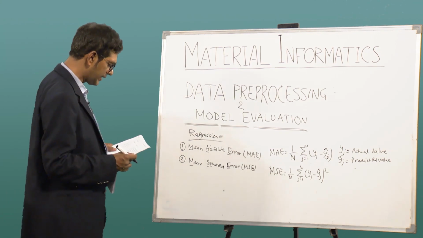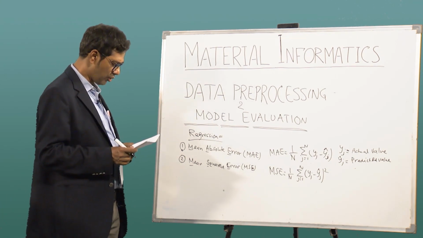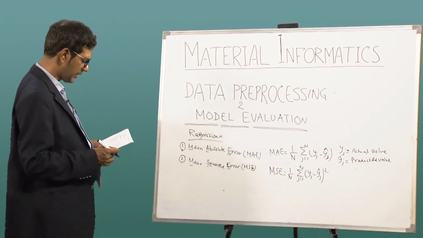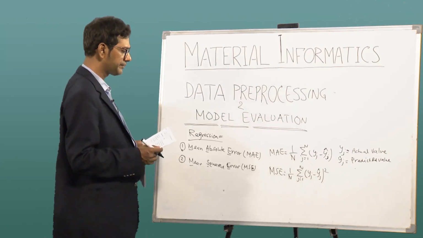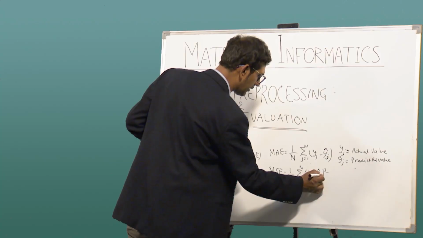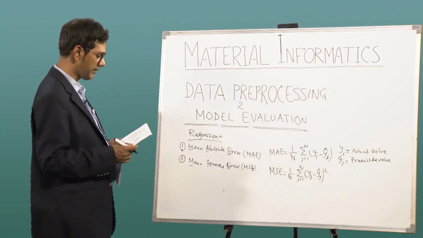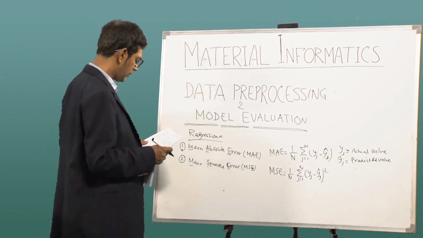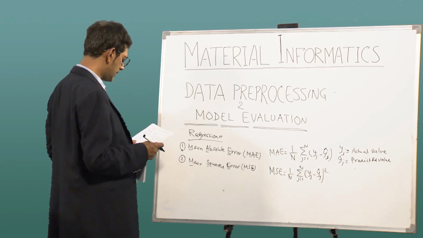Basically, squaring the difference ensures larger errors are penalized more heavily. Penalizing larger errors more heavily makes us sensitive to outliers. Because you are squaring, larger errors due to a large difference between predicted and actual values are penalized more, and because of that it is sensitive to outliers.